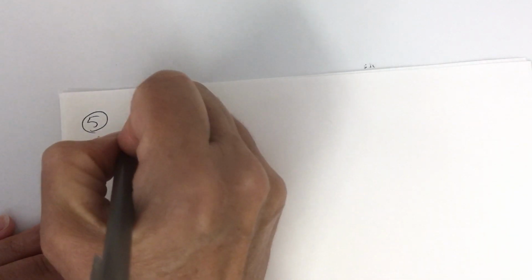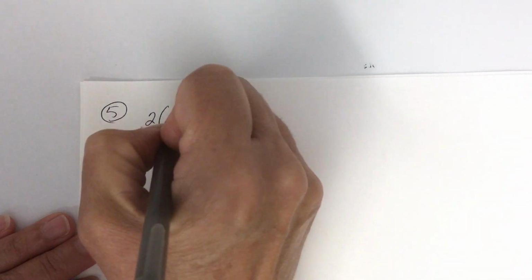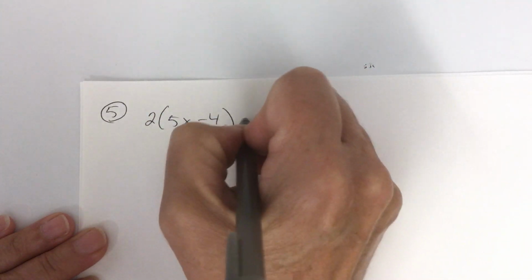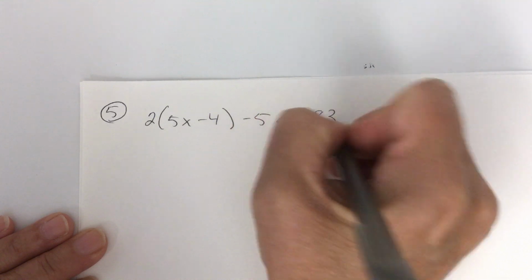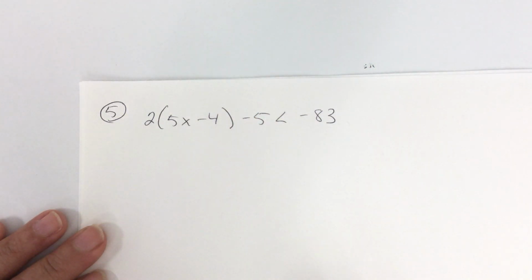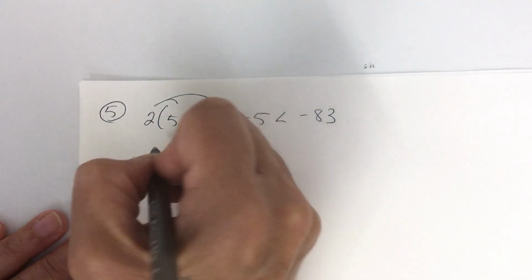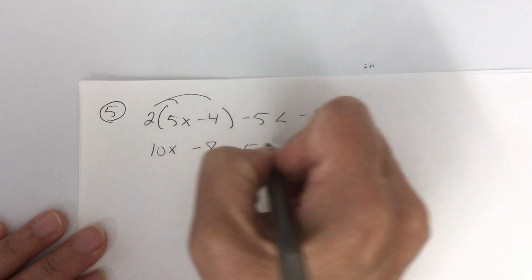Okay, example 5. These are getting a little longer. 2 times 5x minus 4 minus 5 is less than negative 83. So you start by distributing. I'm going to get rid of this parentheses, so 2 times each of those things. So that's 10x minus 8, and then minus 5.